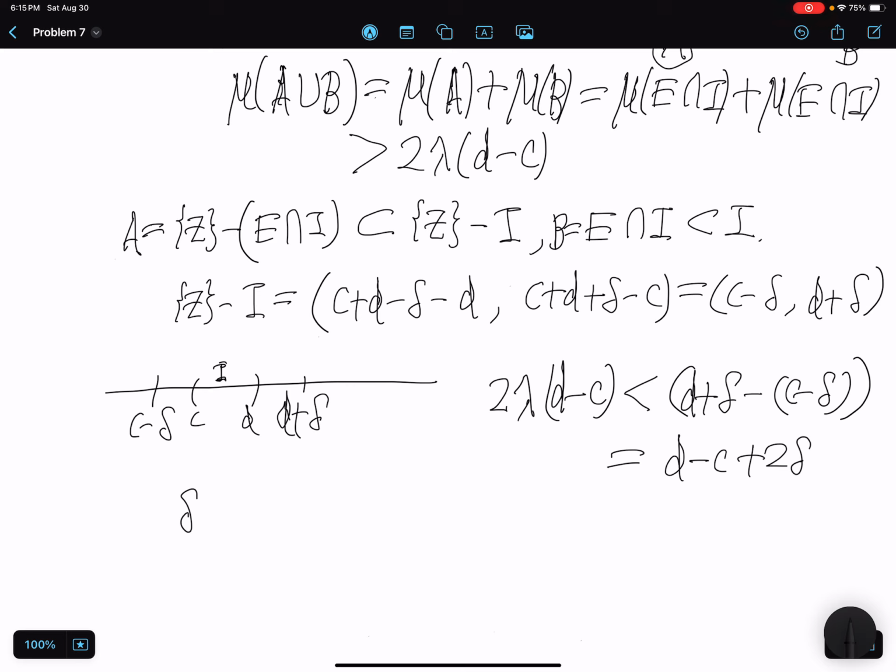So from here delta is bigger than 2 lambda minus 1 over 2 times D minus C.